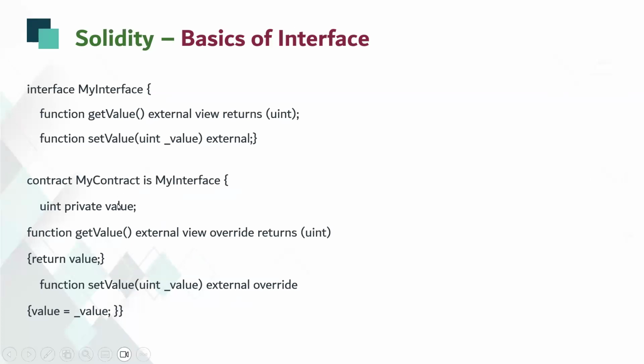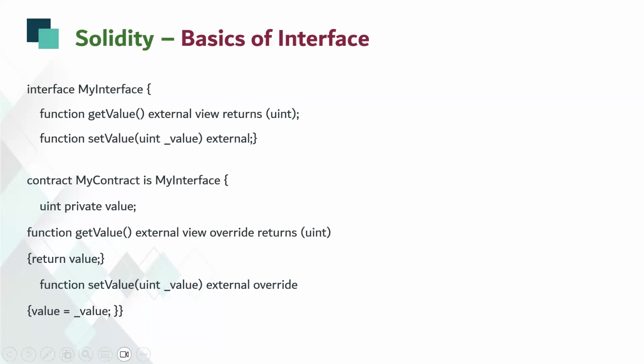This contract with the name MyContract implements MyInterface, which is an interface here. It provides the implementation for the getValue and setValue functions according to their specific behavior. Here we use the override keyword, which is used to indicate that the functions are implementing interface functions.